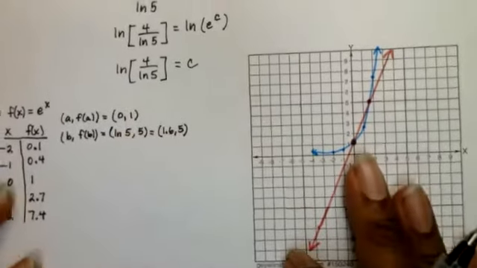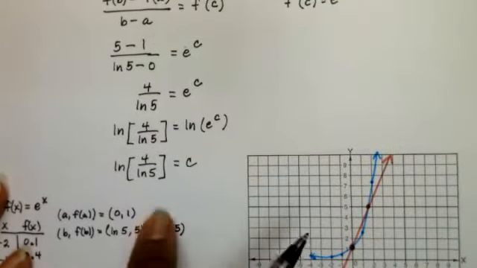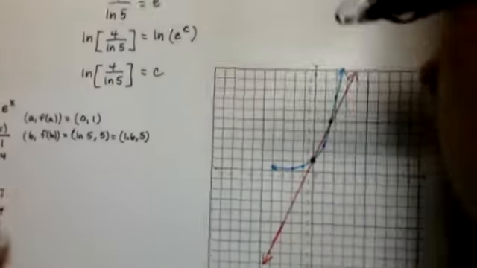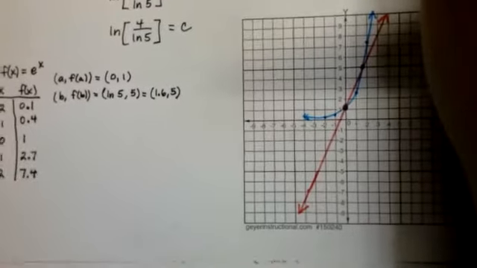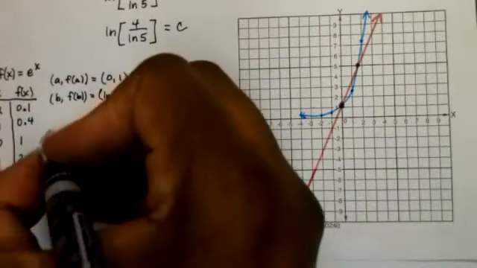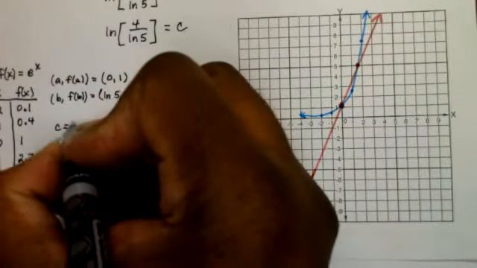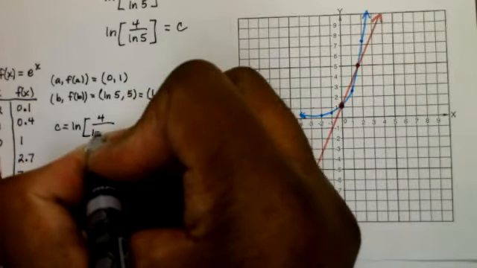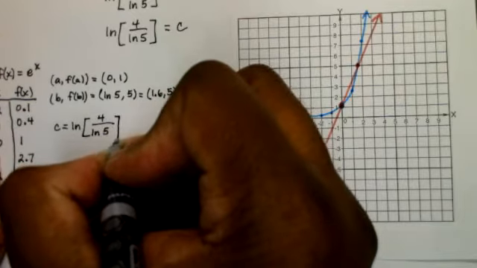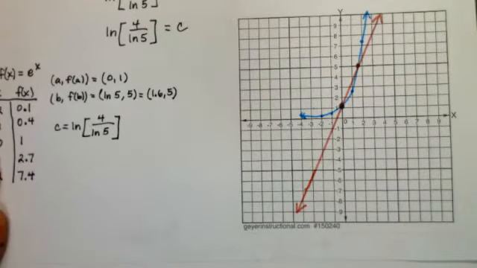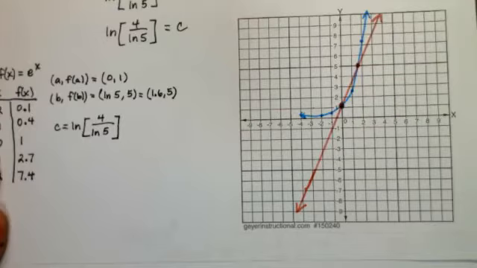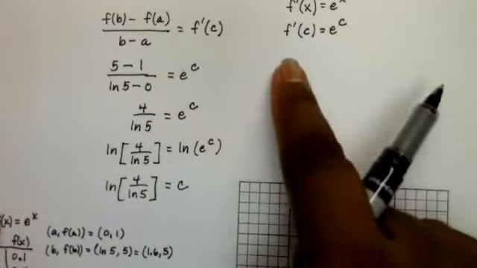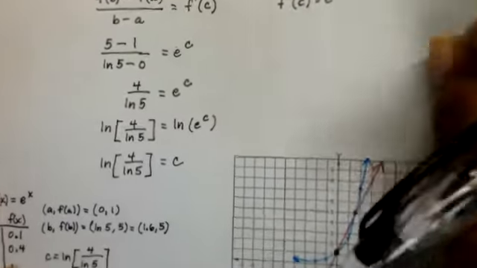Back in part B, which I did in a previous video, I found C to be the natural log of 4 over ln of 5. That's what C is. Now, of course, my f of C was e to the power of C.